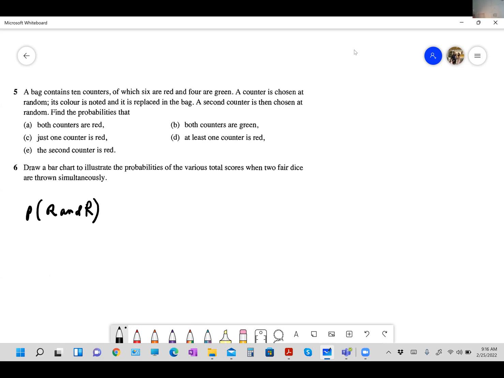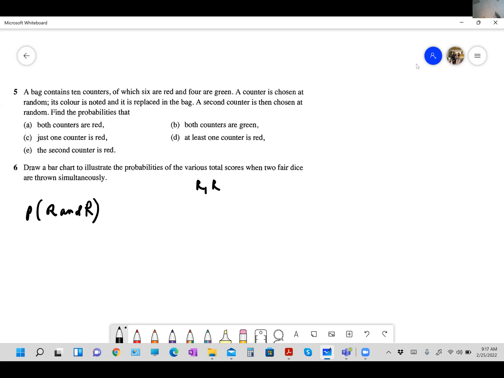What they would have wanted you to do is they would have said, a bag contains 10 counters of which 6 are red and 4 are green. A counter is chosen at random, its color is noted, and it's replaced in the bag. A second counter is then chosen at random. Find the probability that both are red. So here's what you do. You can get red on the first one and red on the second one.